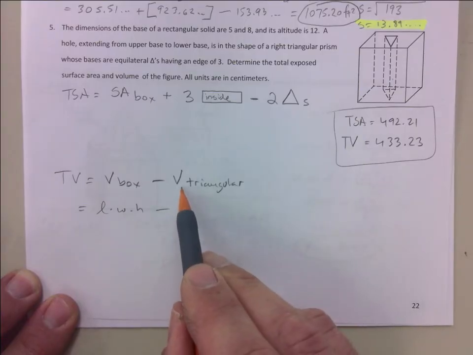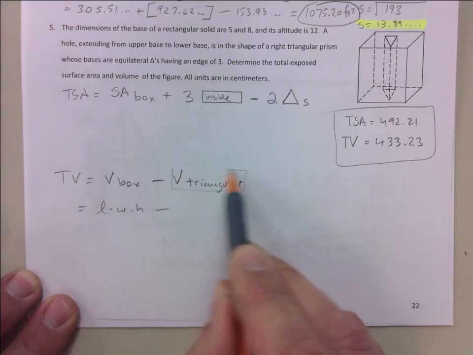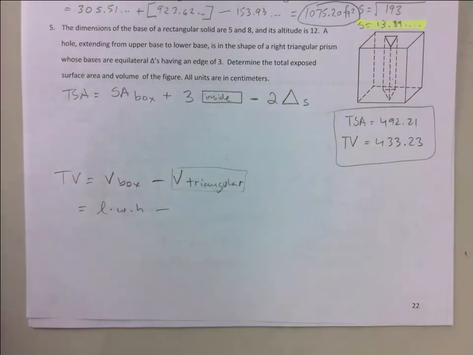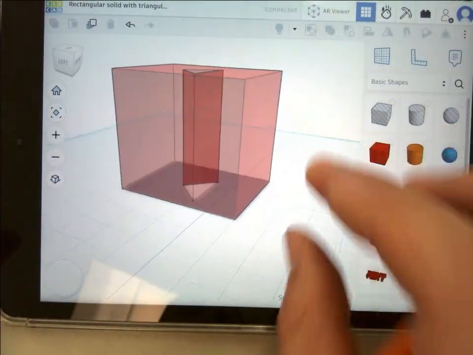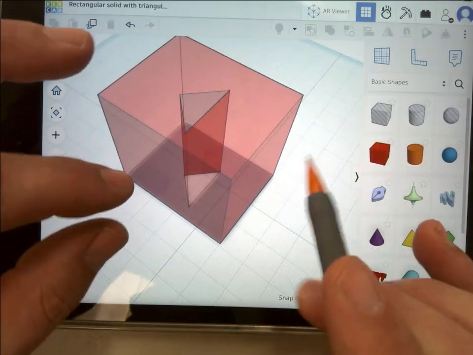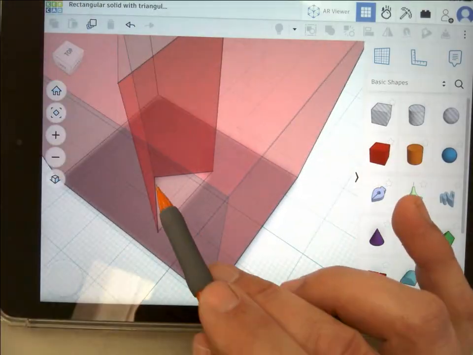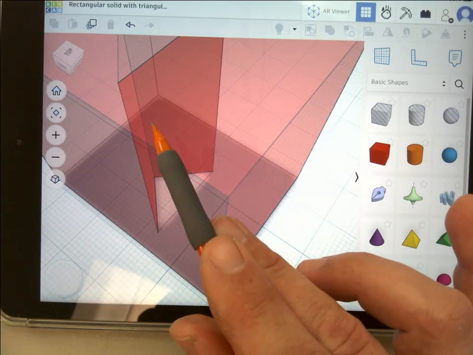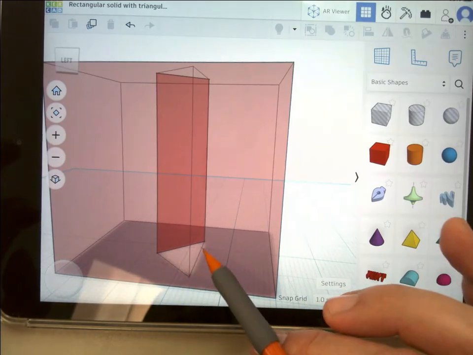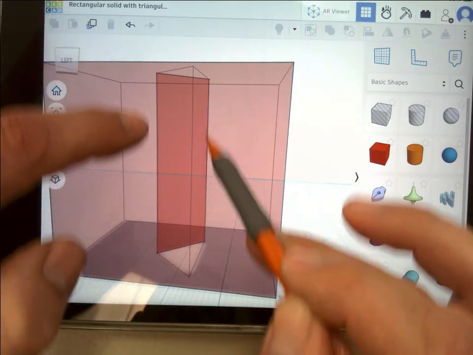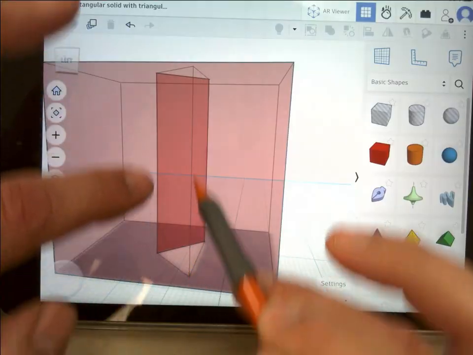Minus, what is the volume of this thing? How would you remember the definition of a volume? It's the area of the base times the height of this thing, okay? So the area of the base is a triangle, and then you stack it, and it's the entire height of the box.